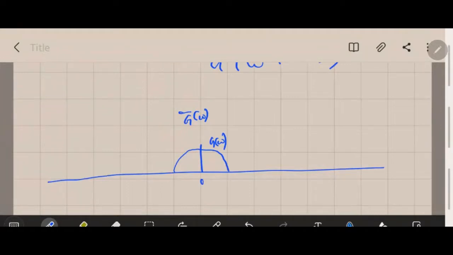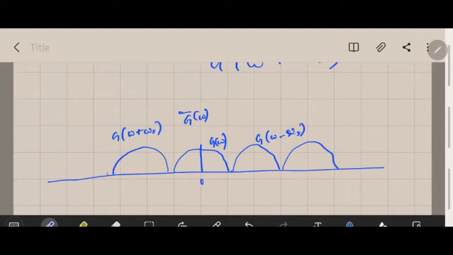Then the next is g of omega minus omega s. So it will be somewhere here. Okay, omega minus omega s. So g of omega plus omega s, it will be here, right? Similarly, g of omega plus 2 omega s, it will be here. Sorry, minus 2 omega s. G of omega minus 2 omega s will be here.